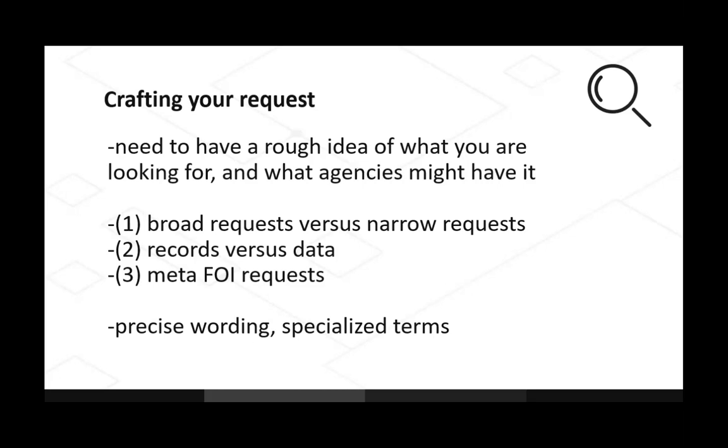So you want precise wording, and whether you're working for records or data, or meta FOI requests, you want to be as precise as possible. And there's also some specialized terms that you really can't anticipate, but you just come across them as you do more and more requests.